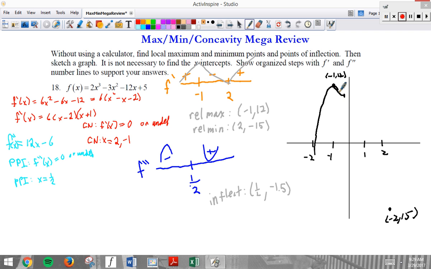And it's still concave down until about 1. -1/2, -1.5. Positive 1/2. So that's 1/2, 1.5.